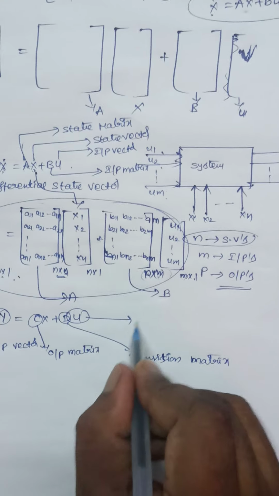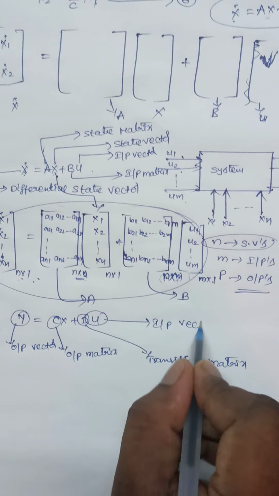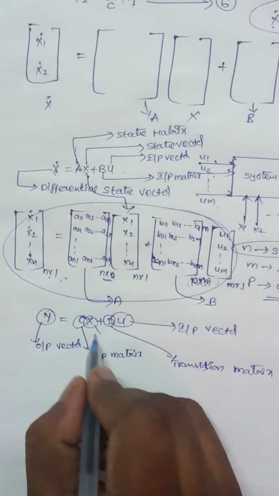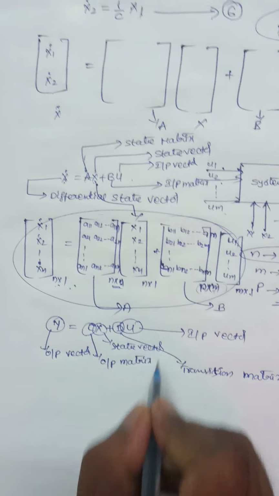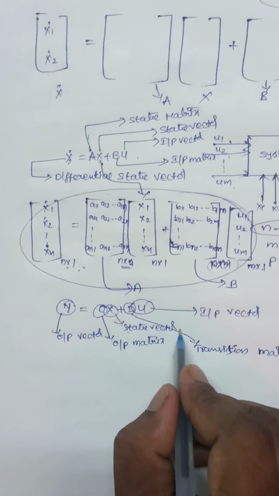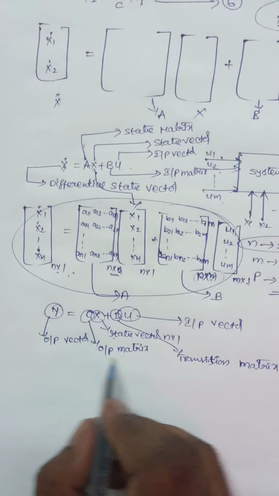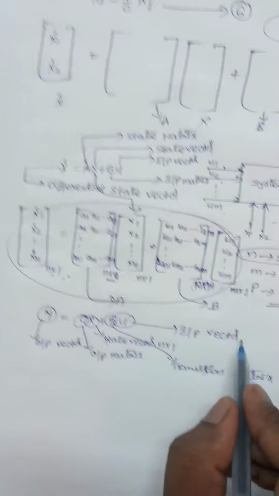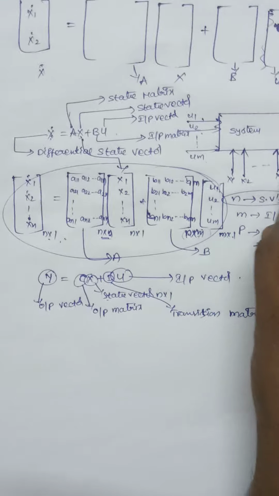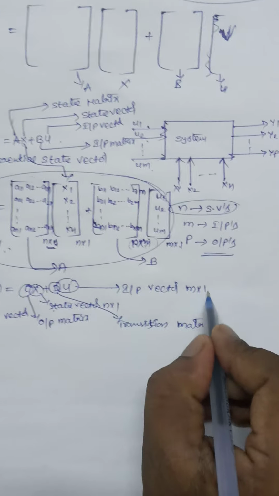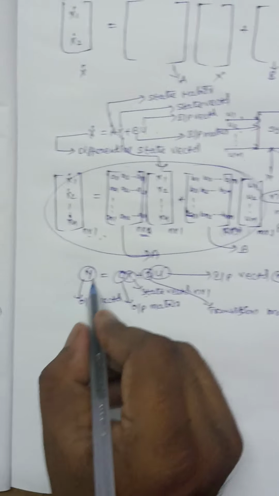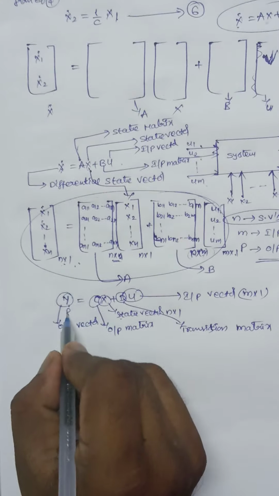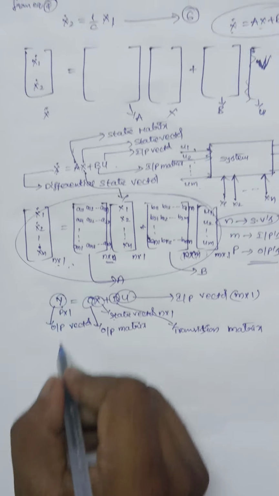U is the input vector. We already discussed this one, and x is the state vector. So the state vector is an N by 1 matrix, and the input vector, M inputs are there, is an M by 1 vector or M by 1 matrix. Now this output vector is a P by 1 matrix, that is a column matrix.